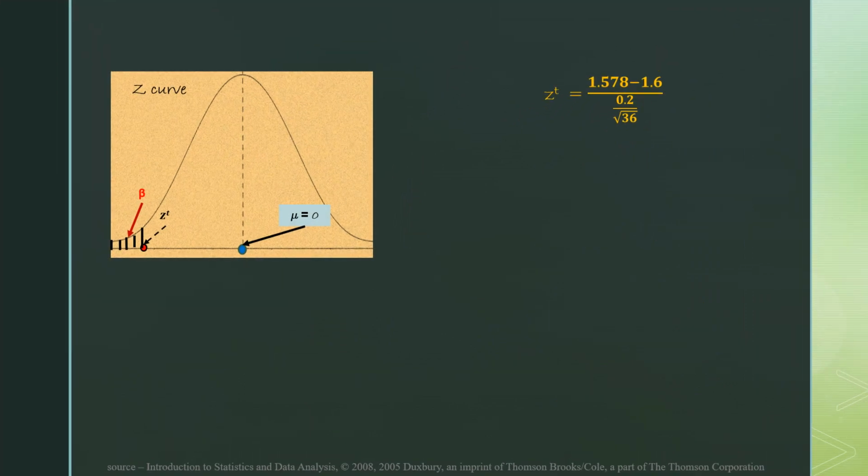Substituting the values, Zt equals 1.578 minus 1.6 divided by 0.2 divided by square root of 36. Zt therefore equals minus 0.66.